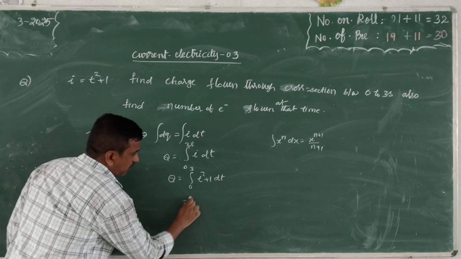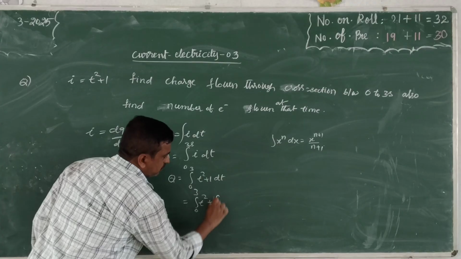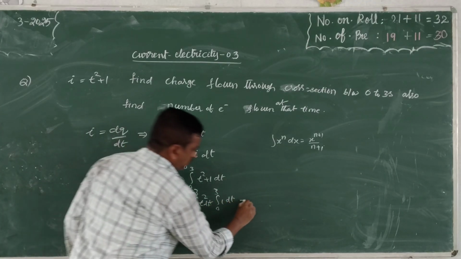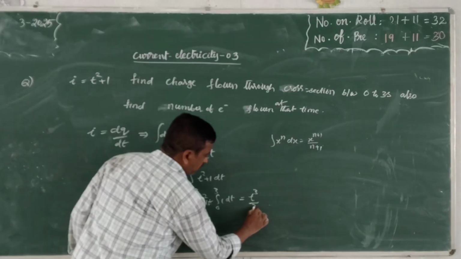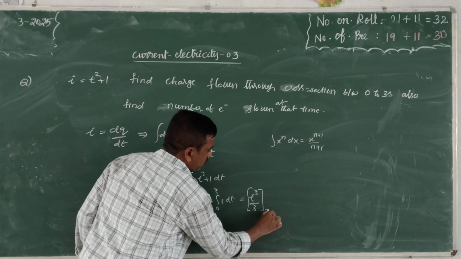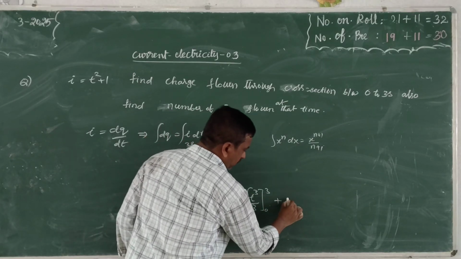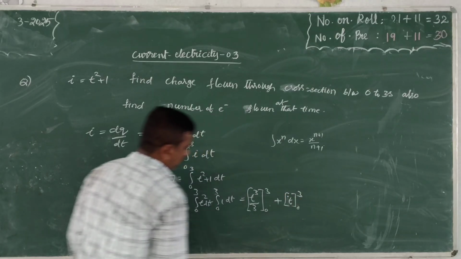Here, integral 0 to 3 of t square plus integral 0 to 3 of 1 dt. We can separate. T square means the power increases, t power 2 plus 1 by 2 plus 1, means t cubed by 3, from 0 to 3 seconds, plus integral 1 dt is t only. The interval is 0 to 3.